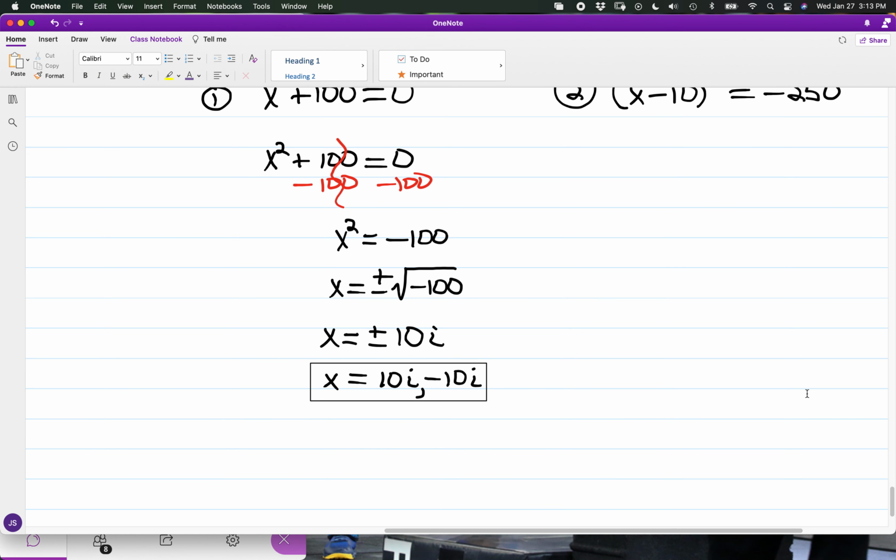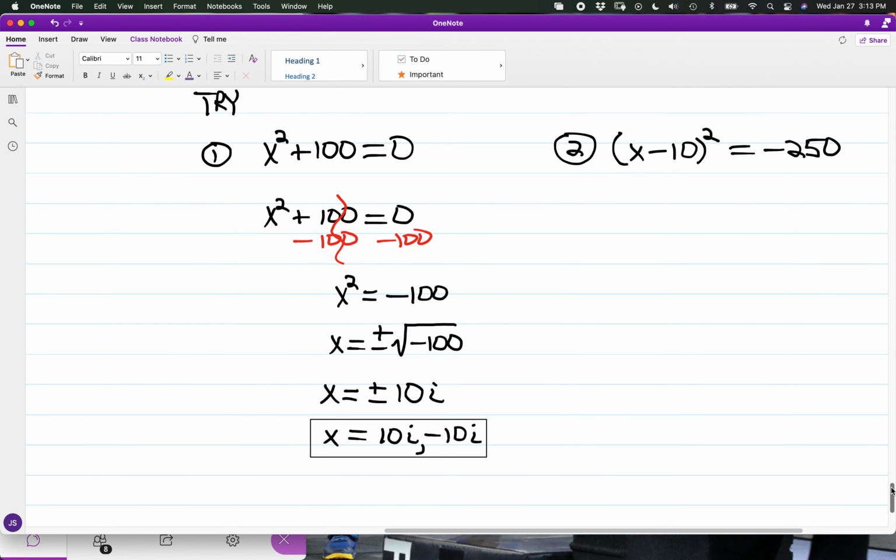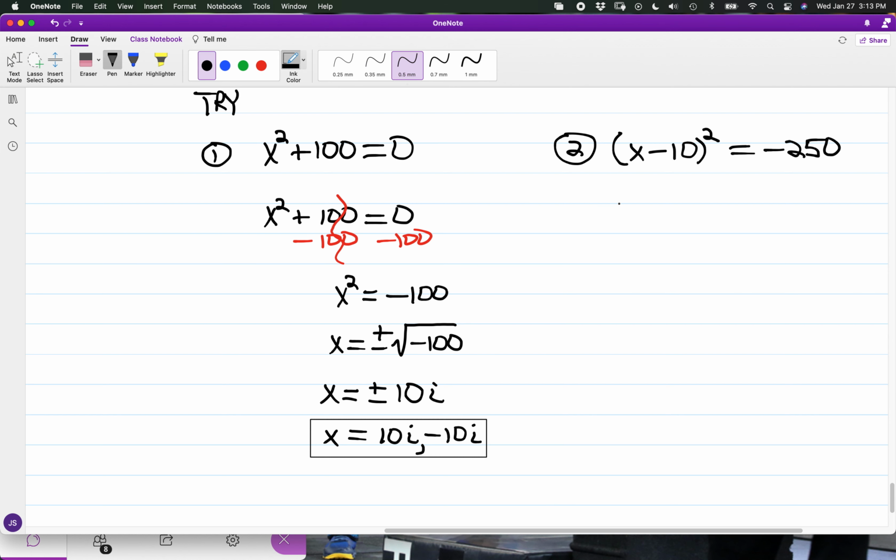And for the other problem, we have the square of x minus 10 set equal to negative 250. Here I can apply the square root property of equality. So going from the square of x minus 10 to just x minus 10, I have it equal to plus or minus the square root of negative 250.